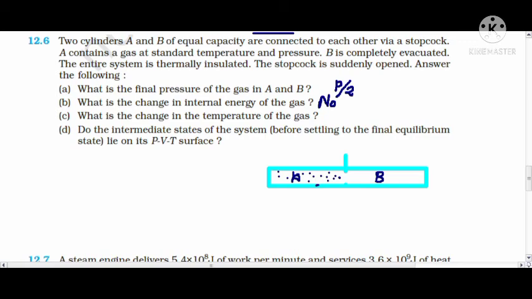Then part C, what is the change in temperature of the gas? The same way, as there is no change in internal energy, we can conclude there is no change in temperature in this process. Then part D, do the intermediate states of the system before settling to the final equilibrium lie on the PVT surface?